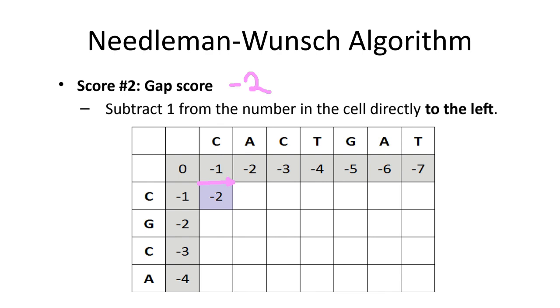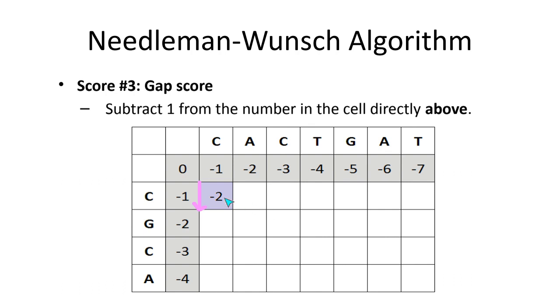We have one more number that we need to find, and then we'll find the biggest number of the 3. This is our second gap score. This is the score that we would get from moving down. If we're moving down, we're moving through this sequence, but we're not moving through the top sequence, so it's the same as aligning the C with a gap.